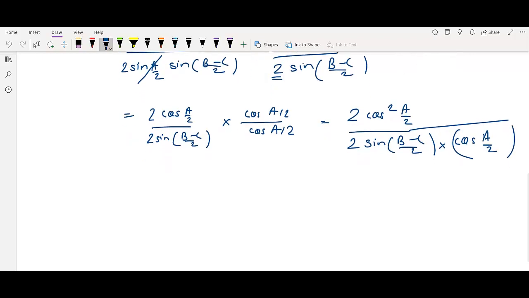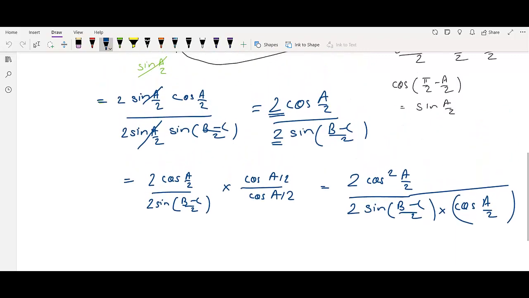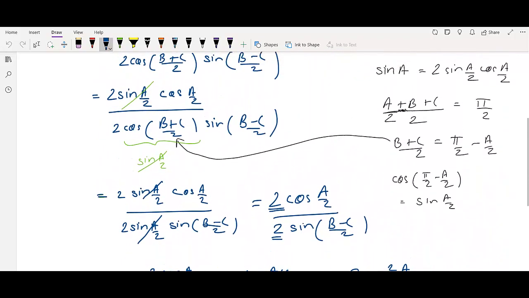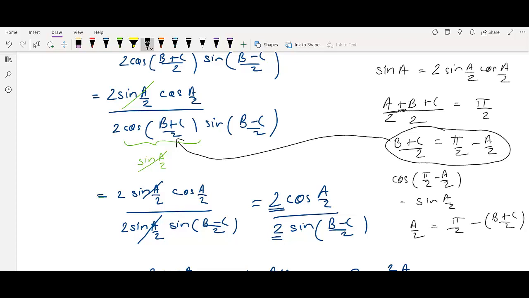Now again, as I wrote here, b plus c by 2 equals pi by 2 minus a by 2. Along the same lines I can also write a by 2 equals pi by 2 minus b plus c by 2.